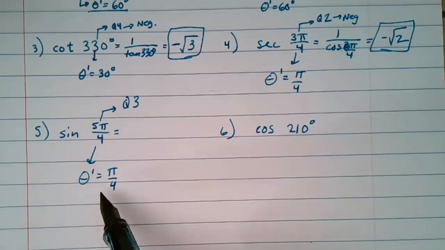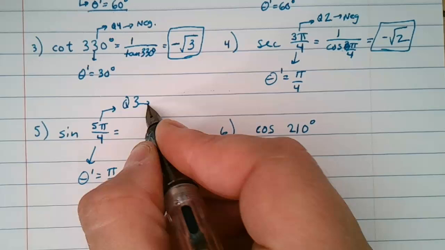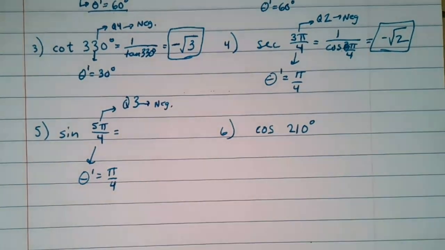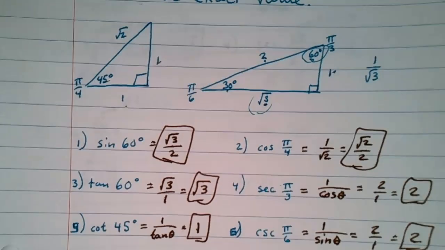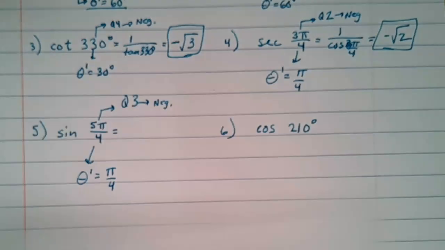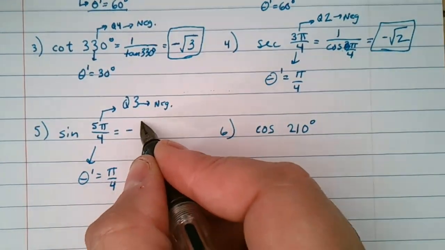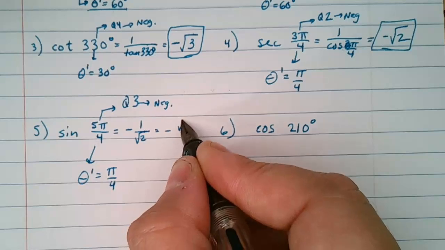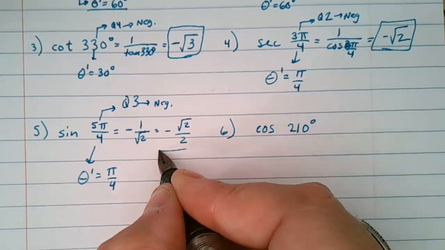Tangent's positive in quadrant 3, which means sine is negative. Cool. What's the sine of pi by 4? Well, the sine of pi by 4 is 1 divided by root 2, so it's negative 1 divided by root 2, which rationalizes to negative root 2 over 2.